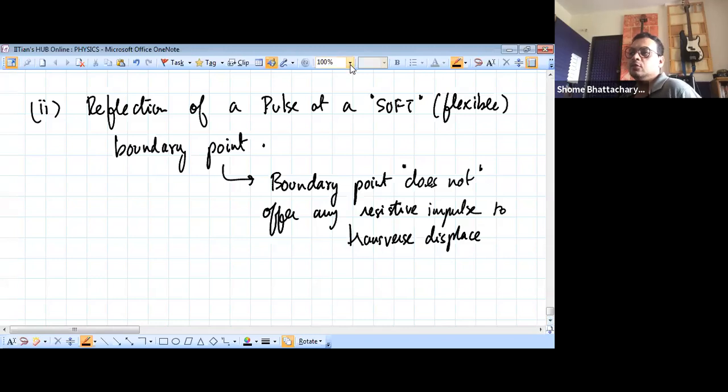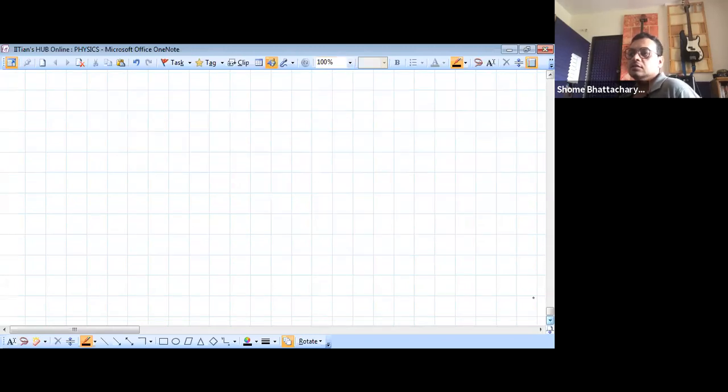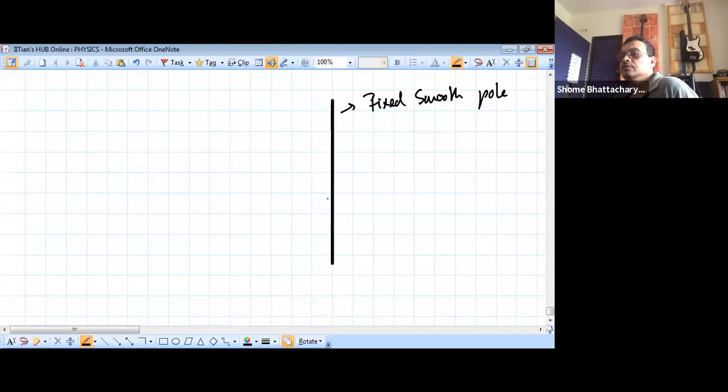Okay? So the physical model of this is this, that you have at one end of the string, you have a smooth pole. So this is a rigid, fixed but smooth pole. And you have a ring going around this.